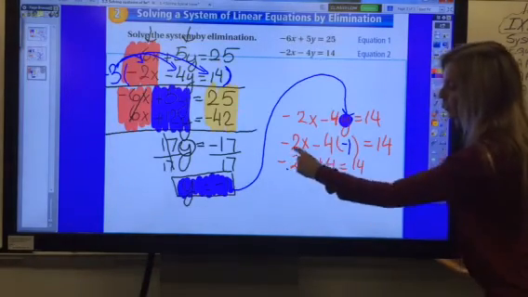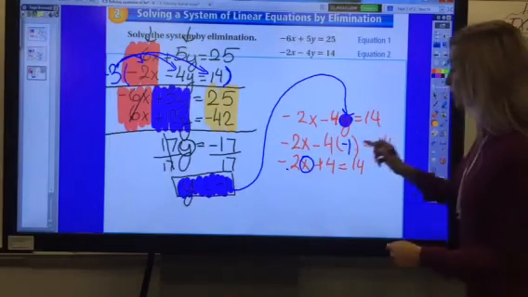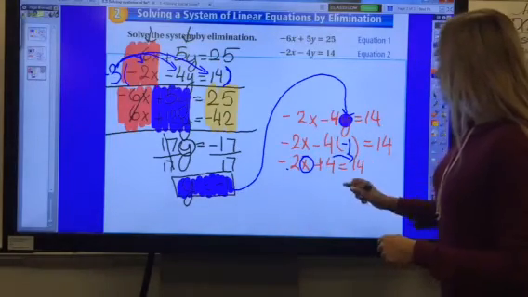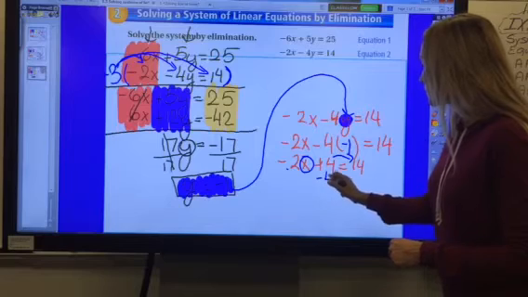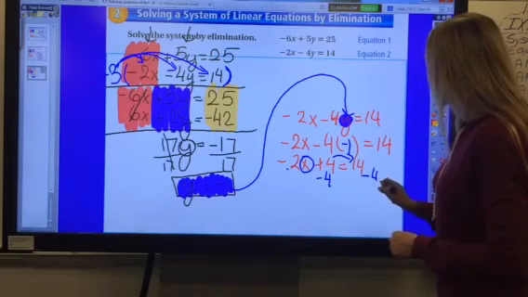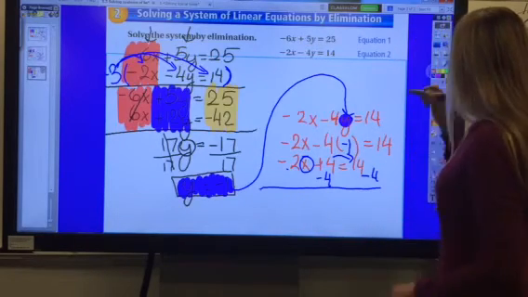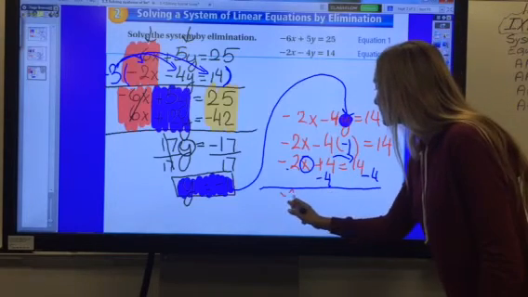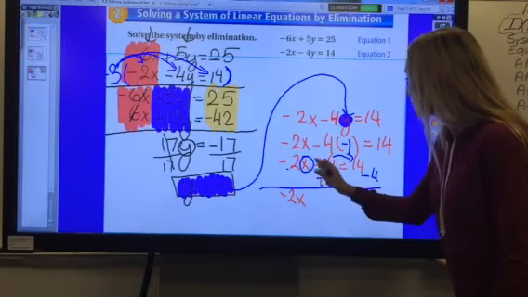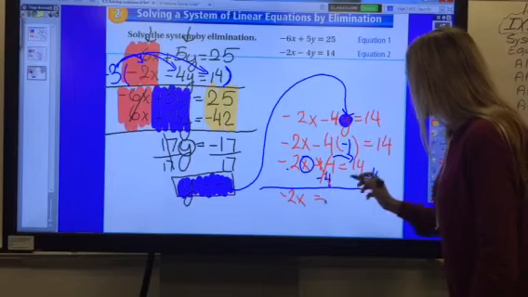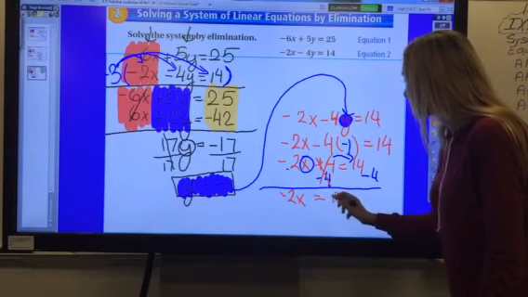This is the last thing I will undo. Multiply is the last thing. So the +4 has to go over there. Opposite of +4 is -4. And I am left with -2x. This is 0. Equals 14 minus 4 is 10.